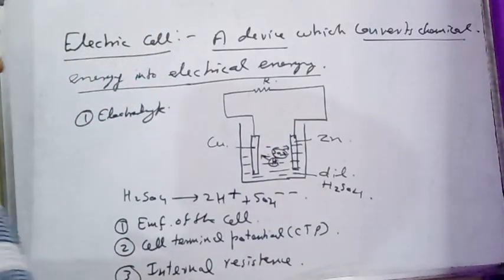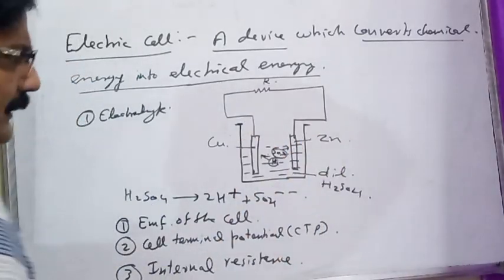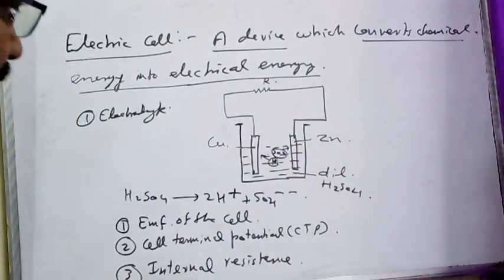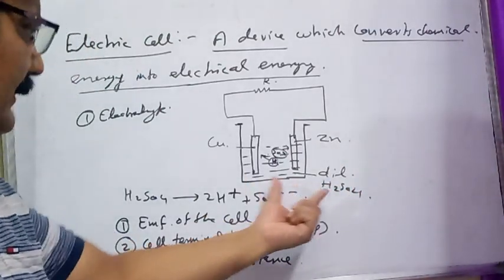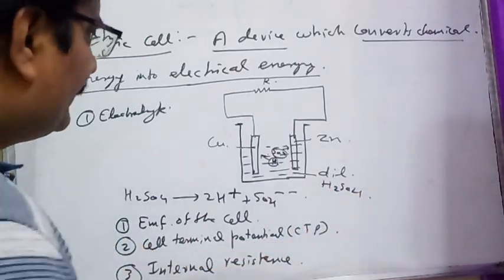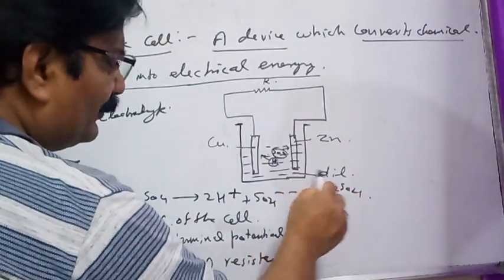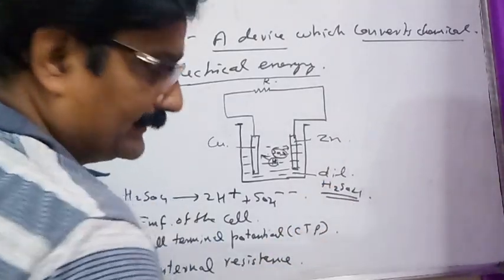Suppose the elementary cell, that is the voltaic cell. In the voltaic cell, dilute H2SO4 is taken as the electrolyte, a dilute solution of sulfuric acid. As this sulfuric acid is dissolved in water, it dissociates into ions.